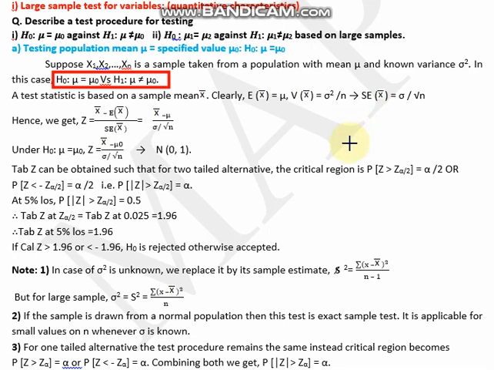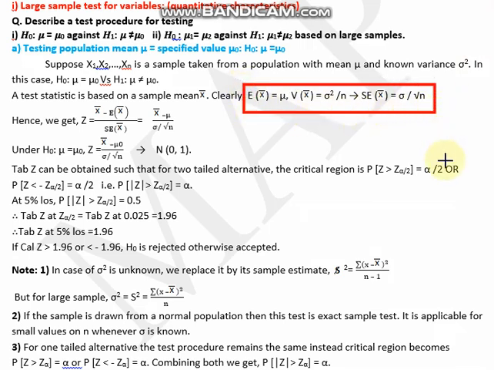So we have to take the test statistic which is based on the sample mean, that means x bar, and we know that the expectation of x bar is equal to mu, and the variance of x bar is sigma square upon n. If x follows normal mu, sigma square, then expectation of x bar is equal to mu and variance of x bar is sigma square upon n.